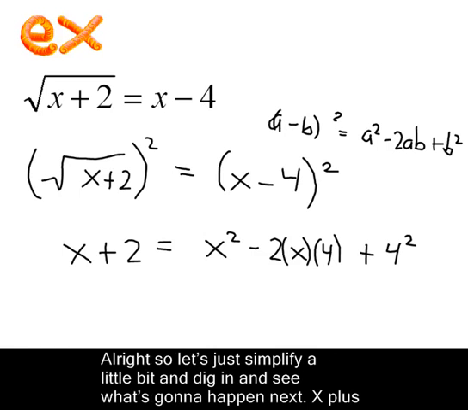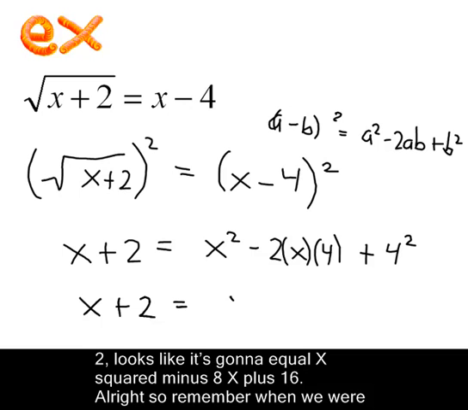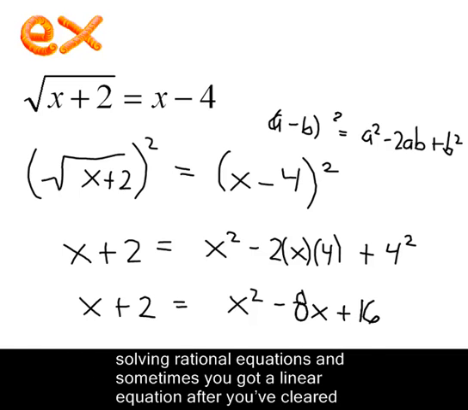All right, so let's simplify a little bit and see what happens next. x plus 2 looks like it's going to equal x squared minus 8x plus 16.